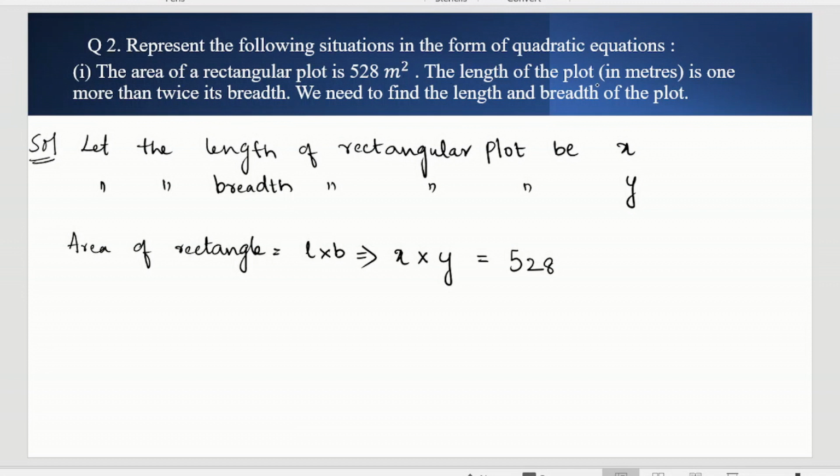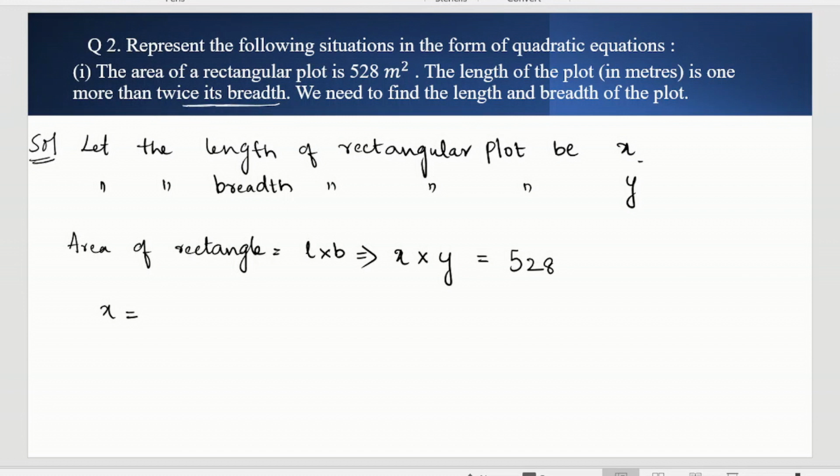Now see the question. The length of the plot is one more than twice its breadth. So what is the length of the plot? That is x. So x is equal to one more than twice its breadth.